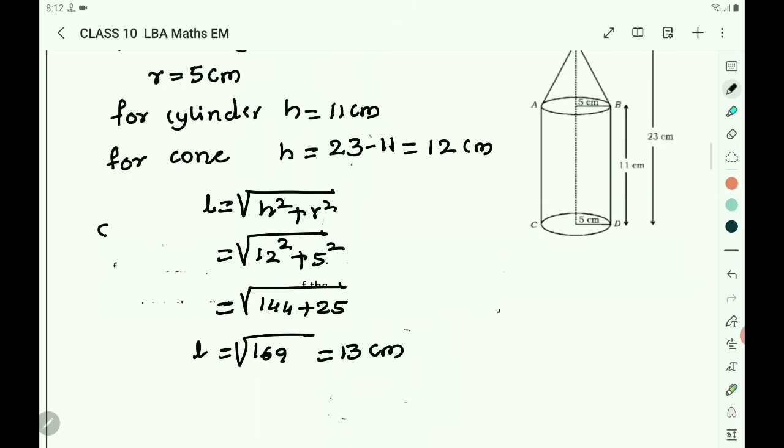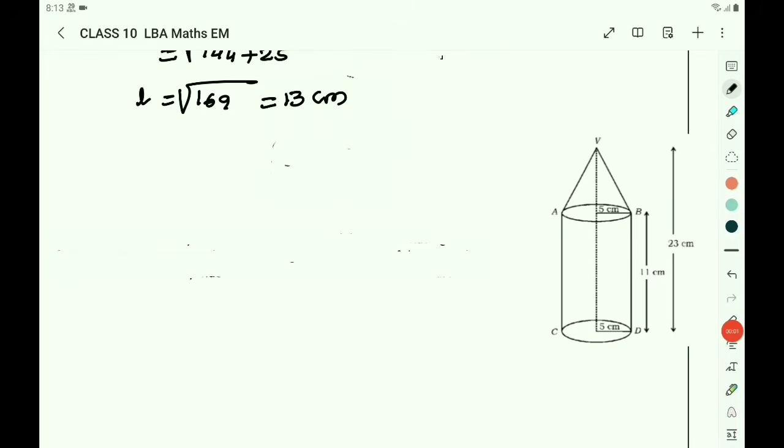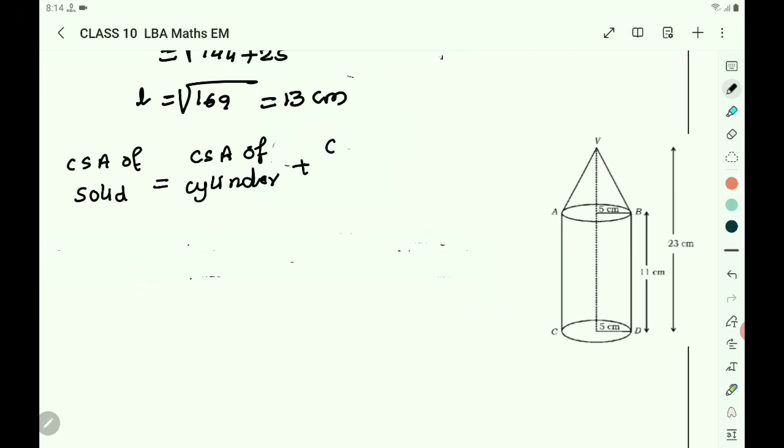Now you write the formula for the CSA of the solid. CSA of solid equals CSA of cylinder plus CSA of cone, equals CSA of cylinder is 2 into pi into r into h, 2 pi rh, plus CSA of cone is pi r l. Then remove common, pi r can be removed as common.